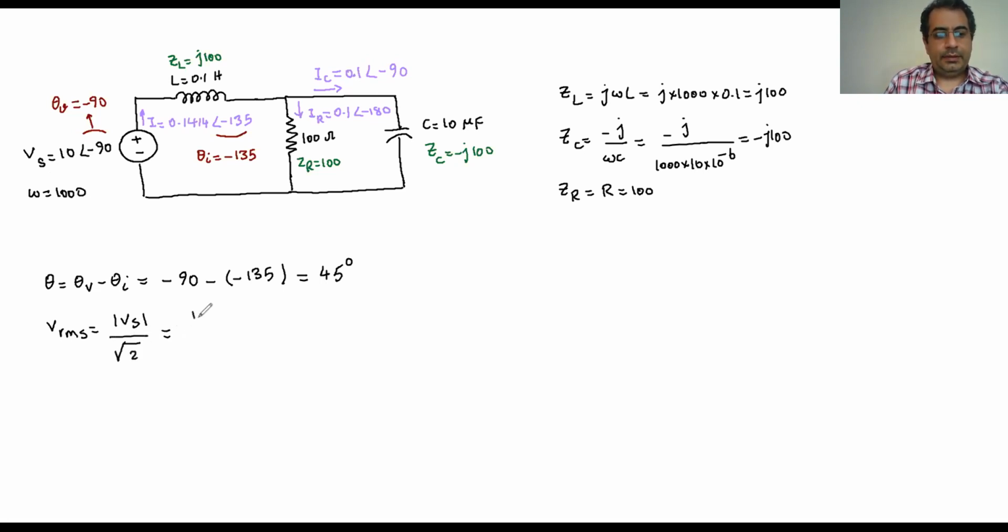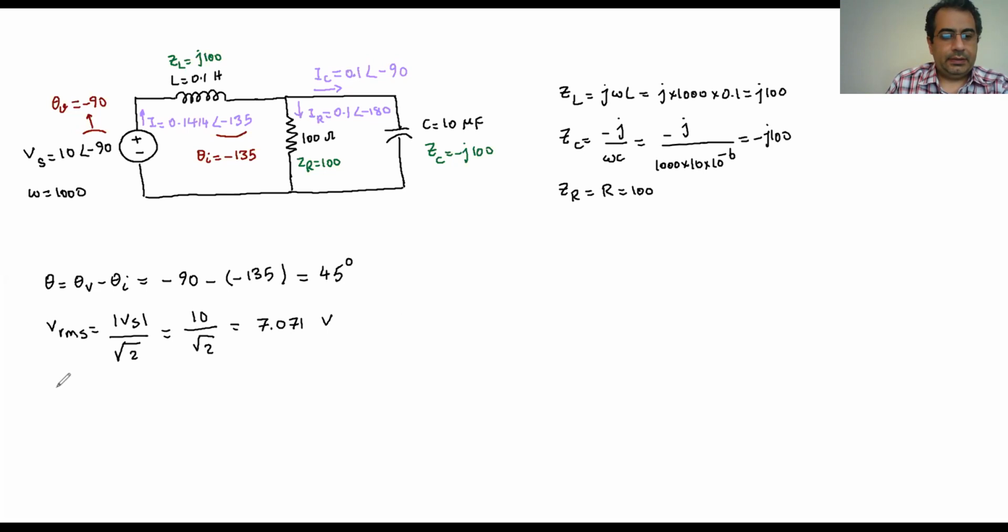So it's going to be 10, the maximum, divided by square root of 2, which is 7.071 volts.